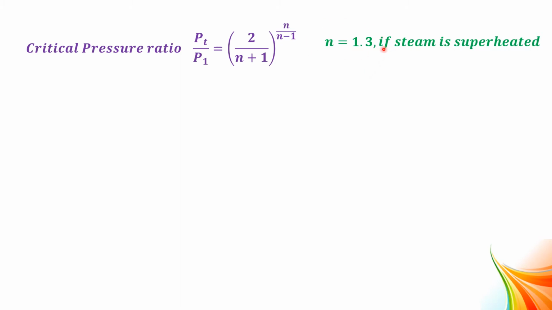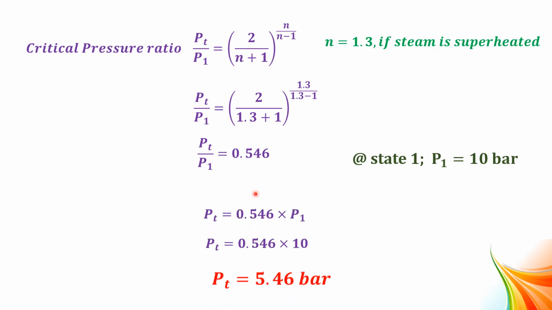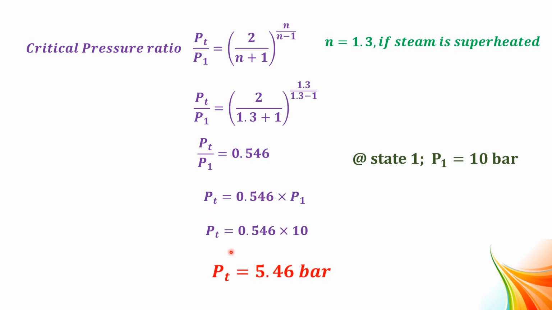Now substituting the value of n equal to 1.3 in the critical pressure ratio equation, we get the critical pressure ratio Pt by P1 equal to 0.546. So in our problem they have given the initial pressure P1 equal to 10 bar. Now substituting the value of P1 in this equation, we get the throat pressure Pt equal to 5.46 bar.